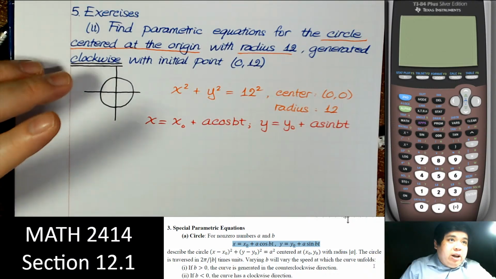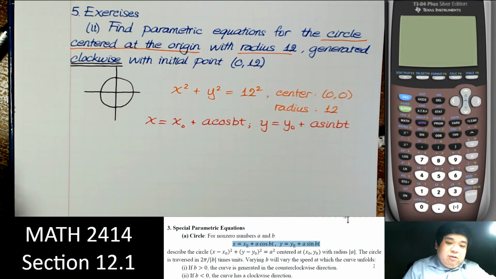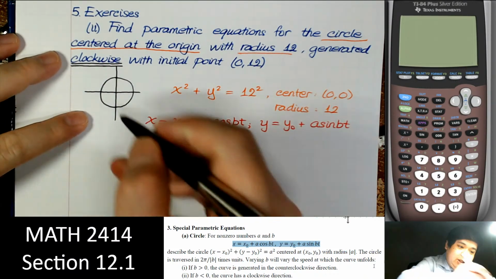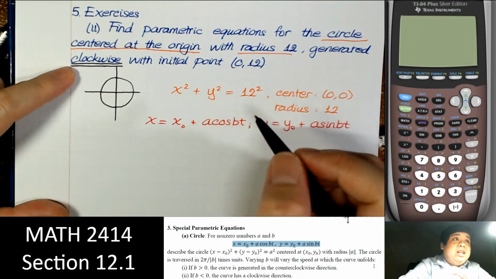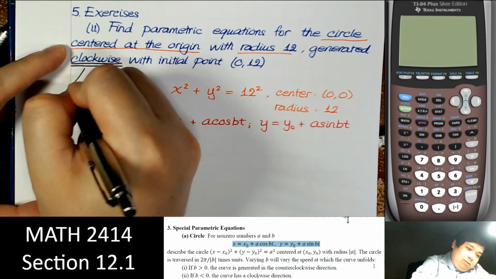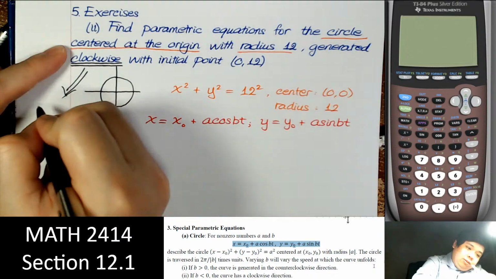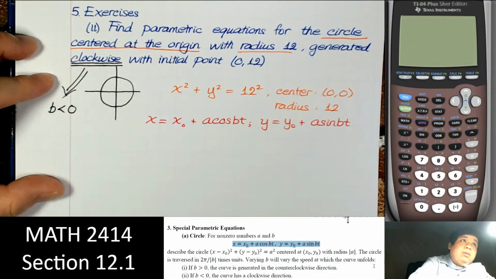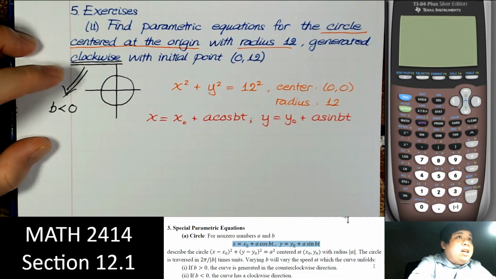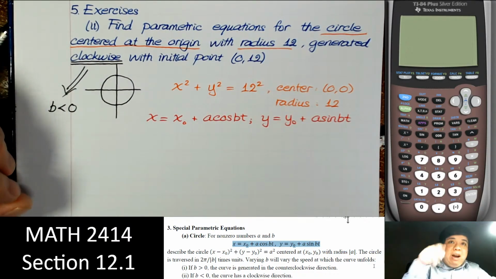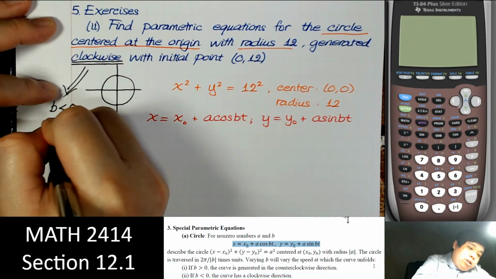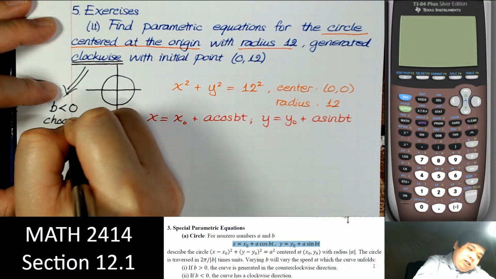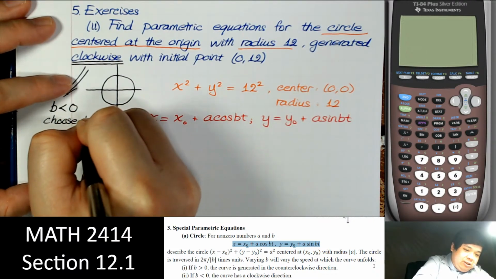When b is positive, counterclockwise. When b is negative, this is clockwise. So first of all, if this is clockwise, b is negative. In this case, it doesn't matter how fast or slow, so we just choose -1 for b, just for simplicity.